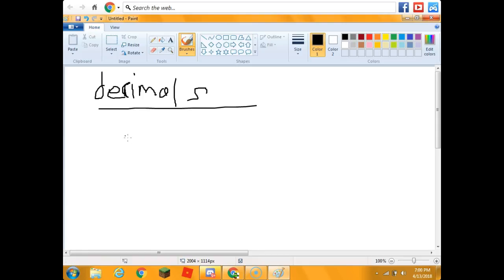So let's just talk about them. This is a 5, and you might be thinking, that dot, we don't know what that is. That is the decimal point that separates the whole numbers from the decimals, because the decimals is a whole different place than the one. So let me show you an example.